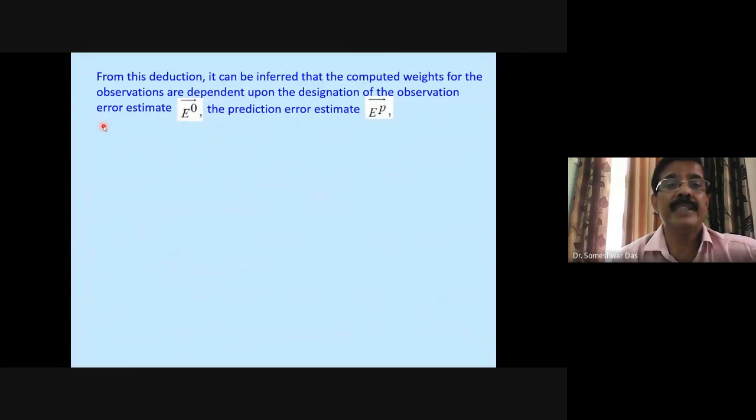From this deduction, it can be inferred that the computed weights for the observations are dependent upon the designation of the observation error estimate EO bar and the prediction error estimate EP bar, and the prediction error correlations epsilon p.